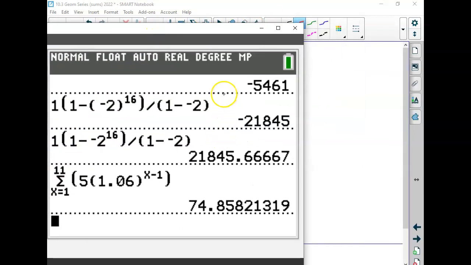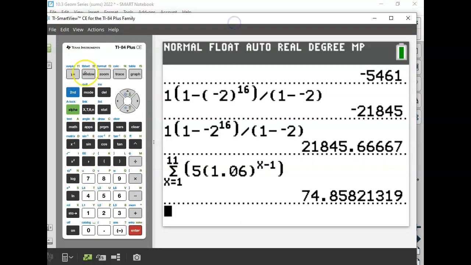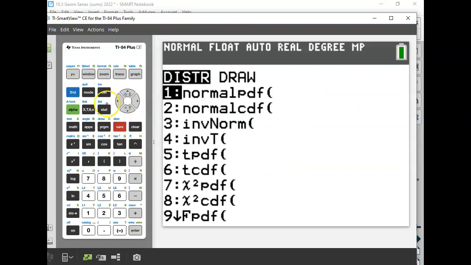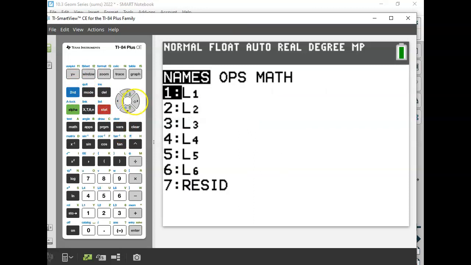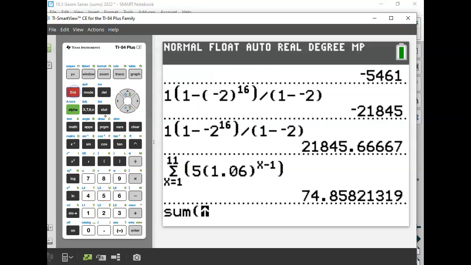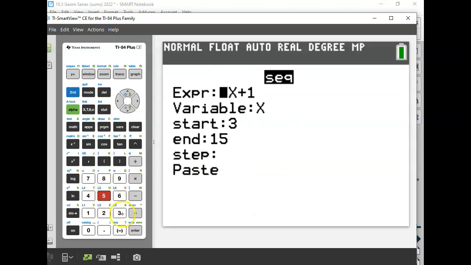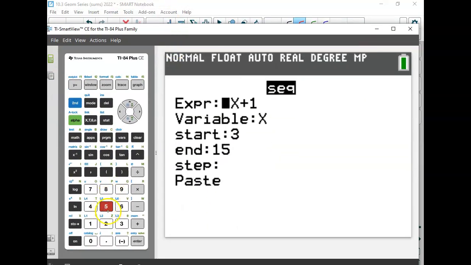Does anybody need to know how to do it on the old calculator? I could show you real quick. Sorry, that's the wrong place. Under list, it's the sum, and you go back there of the sequence, and you put in, I already forgot what it said, guys. 5 times 1.06 to the n minus 1.